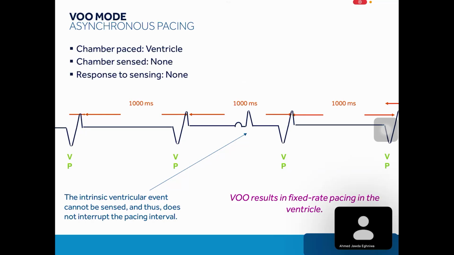Here there is no sensing at all, so it will only pace. In a fixed rate, the intrinsic event is not triggered and not inhibited. The rate is constant. This is VOO mode.